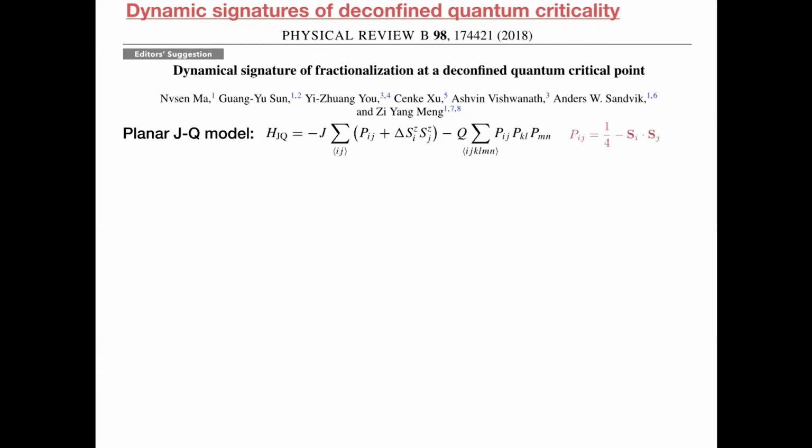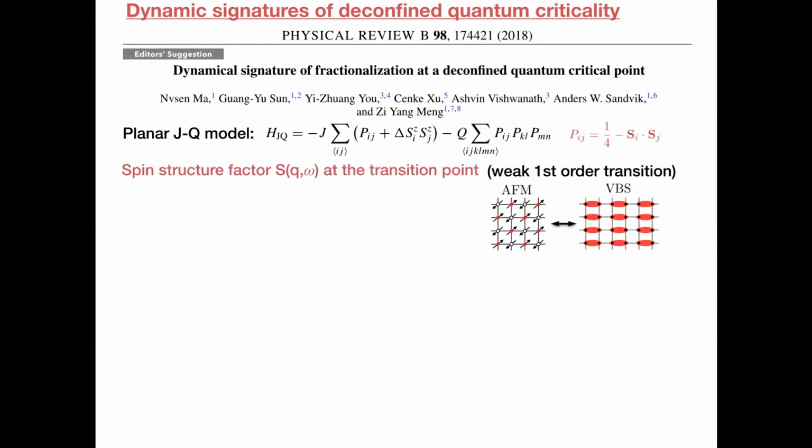In this case, we looked at a slightly different kind of JQ model, which should have an O4 symmetry if it has a continuous transition. So we call it the planar JQ model. It's really the same, but we perturb the J term in this way to make it O2 ordered instead of O3. That's not so important here, but that just happened to be the model.